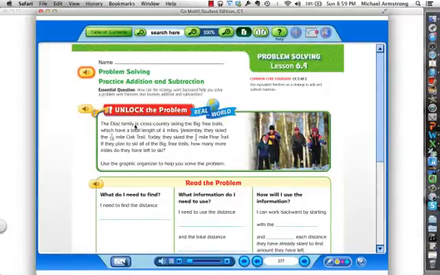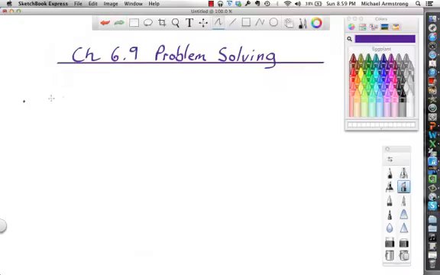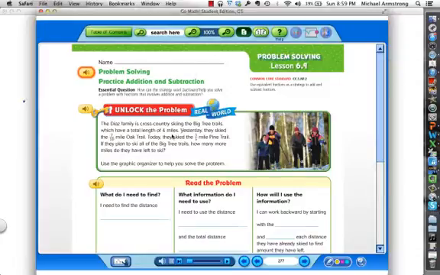subtracting? The Diaz family is cross-country skiing in the Big Tree trails, which have a total length of 4 miles. So if we just skip back and we write down that we have a total of 4 miles, something that's important information. Yesterday they skied the 7/10 of a mile oak trail.